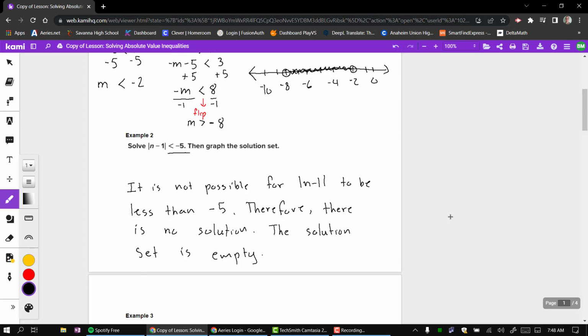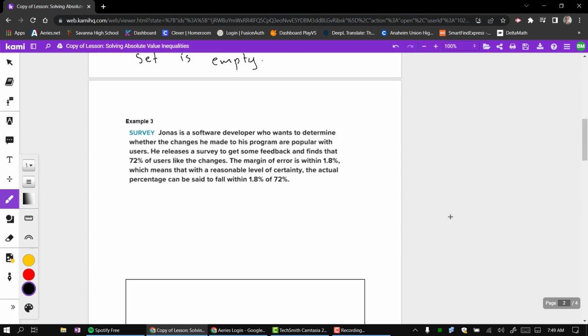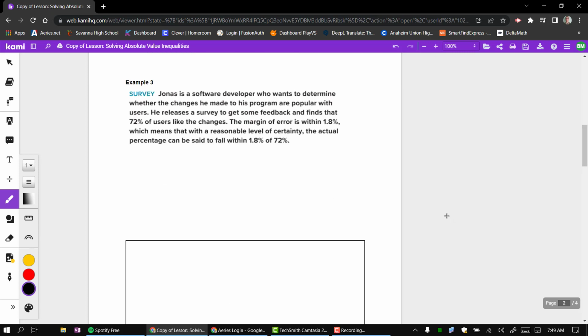So let's take a look at a word problem, because this is where we encounter such problems in the world. Jones is a software developer who wants to determine whether the change he made to his programs are popular with users. He releases a survey to get some feedback and finds that 72% of users like the change. The margin of error is within 1.8.